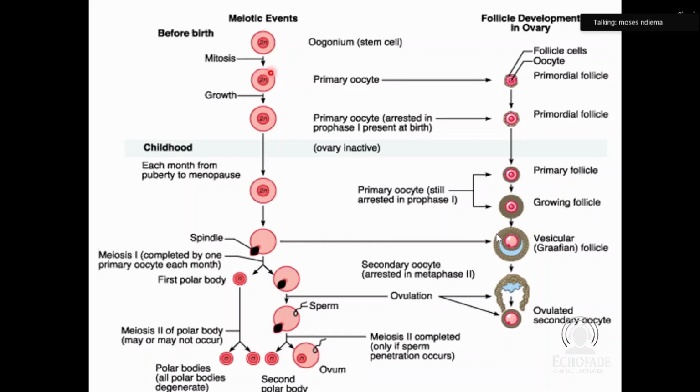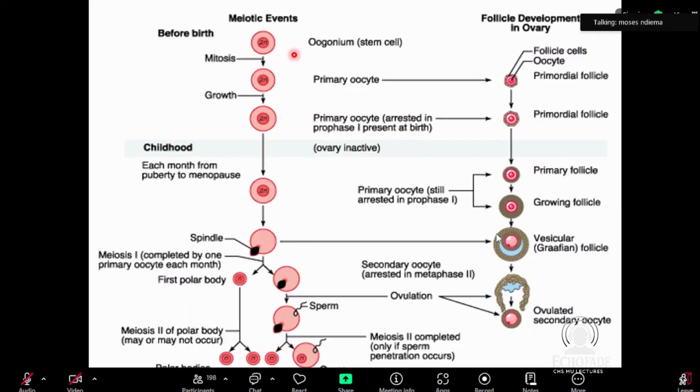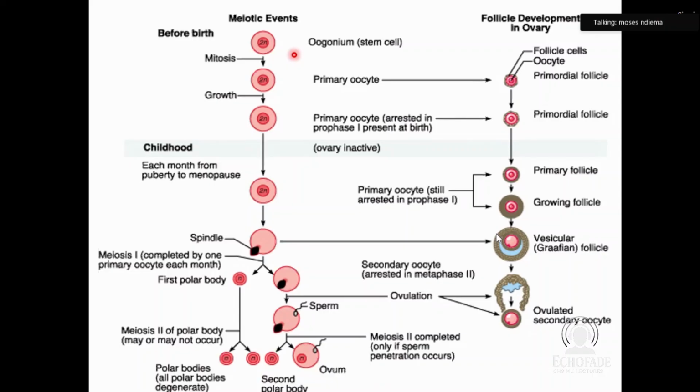At the prophase stage, there's an arrest of further development of the oocyte. So the follicles will have developed. Before birth, there'll be millions of follicles which are developing. But at birth, about 400,000 follicles persist. The rest will have undergone degeneration.